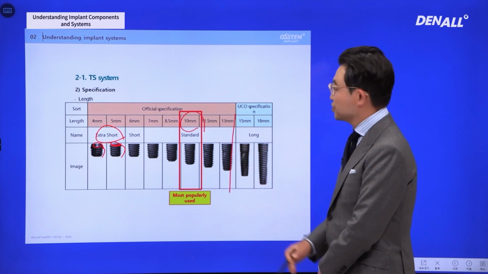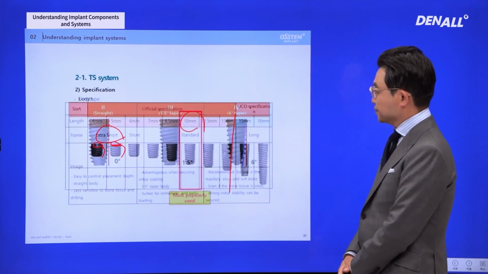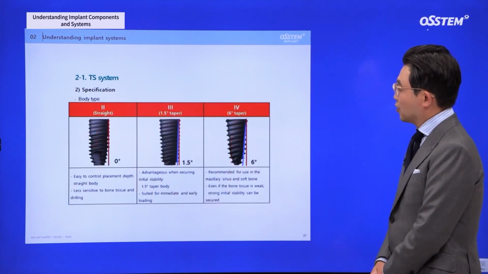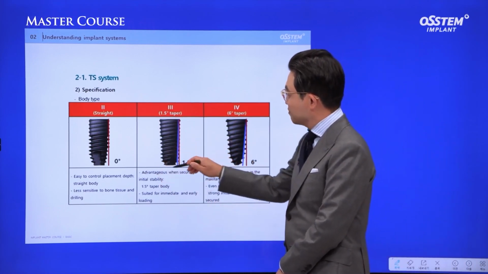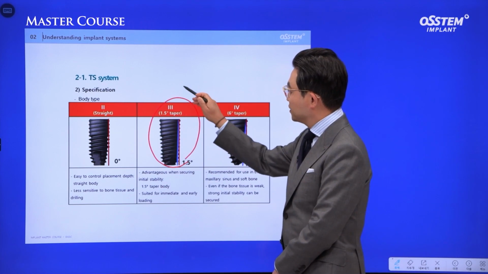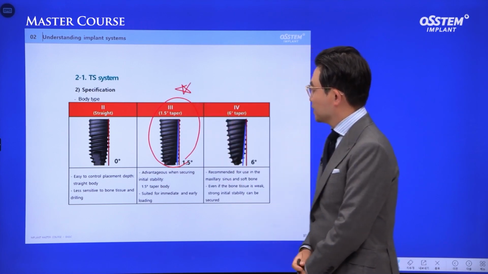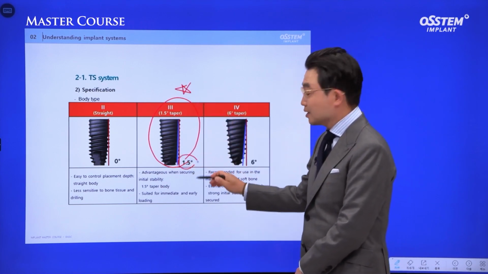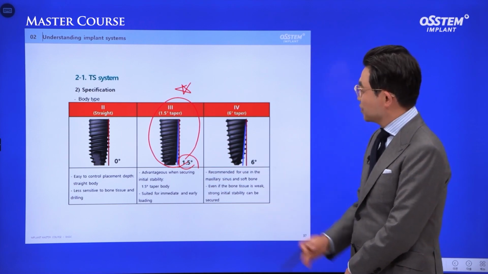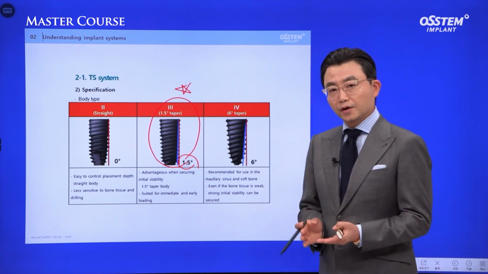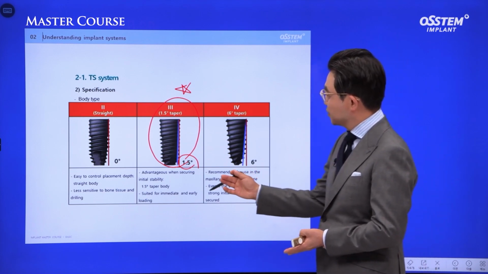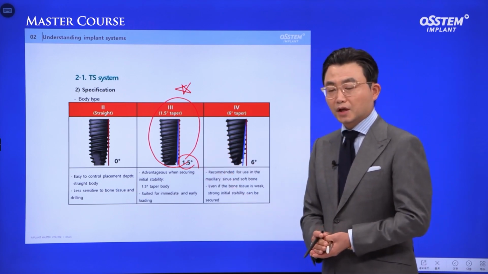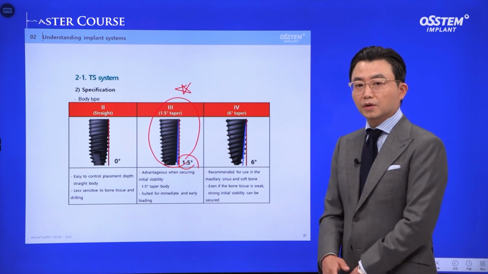In the past, the TS2 implant was mostly used, but recently the most popular one is TS3. It has an adequate taper level, and with this adequate tapering, in the case of drilling, we use a tapered drill, and when we place it, a tapered implant is placed, and through that we can gain adequate stability.